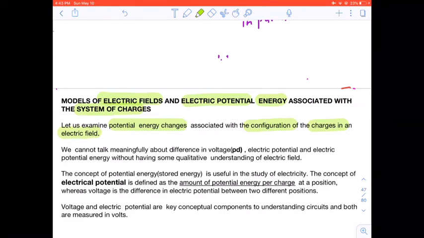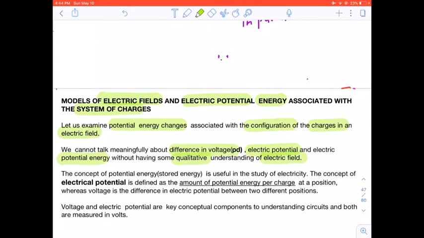Now, we cannot talk meaningfully about potential difference, electric potential or electric potential energy without having at least a qualitative understanding of an electric field.